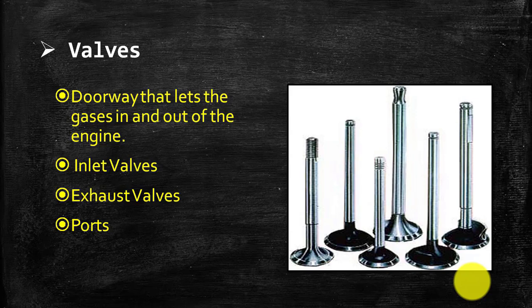In a 4-stroke engine we have valves, but in a 2-stroke engine no such valves are utilized, and this system is replaced with ports. So ports are different from valves.